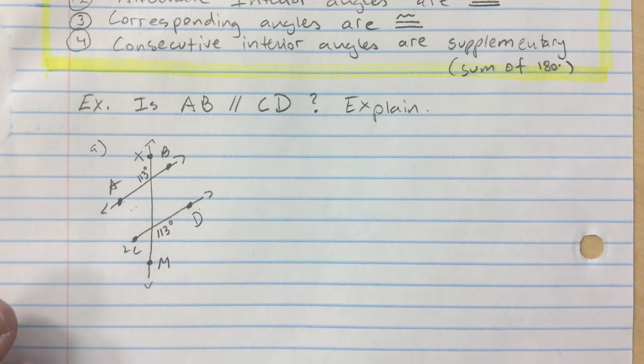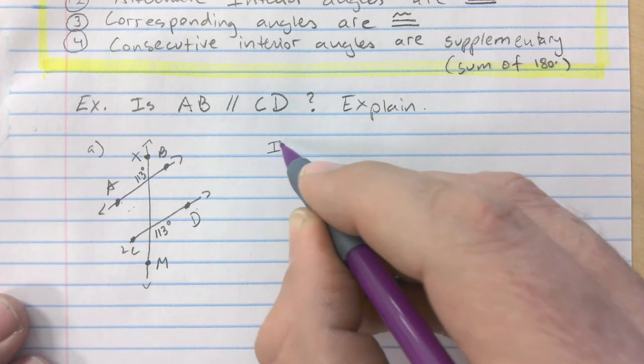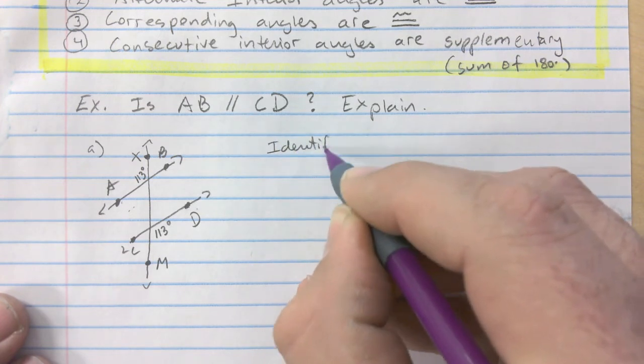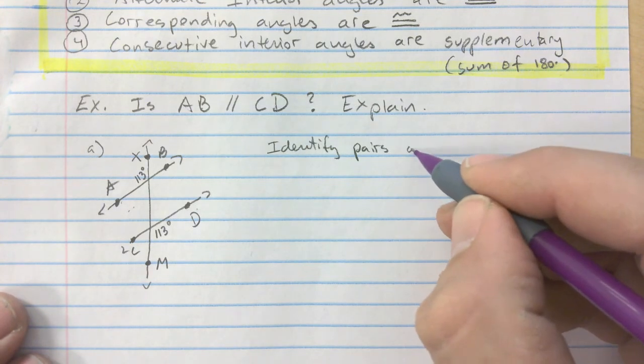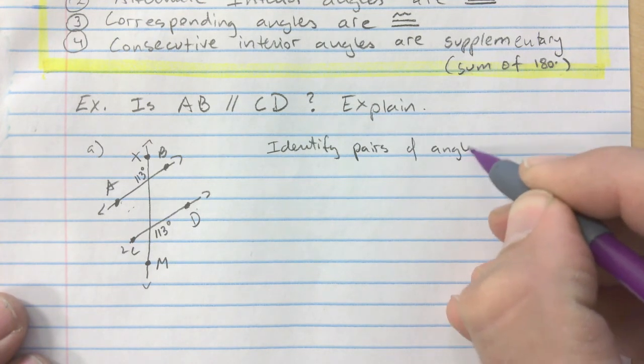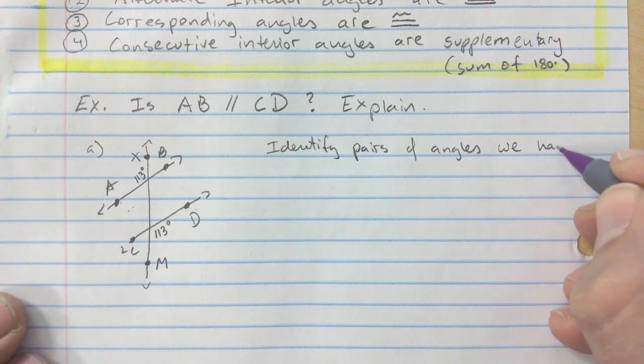So the first thing is identify pairs of angles we have a name for.